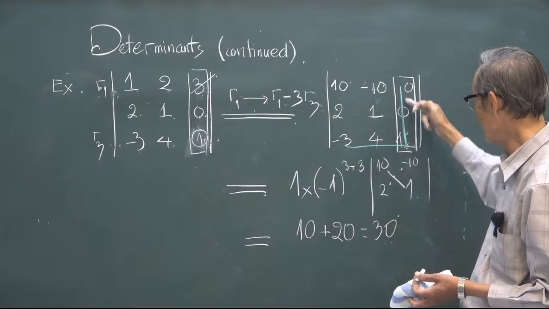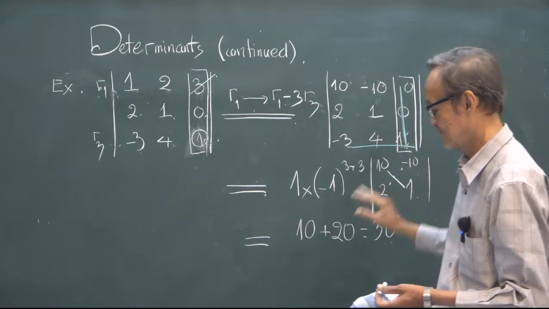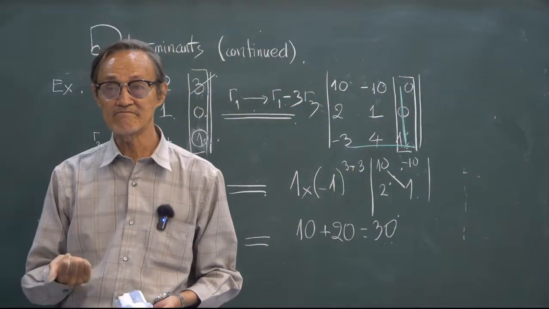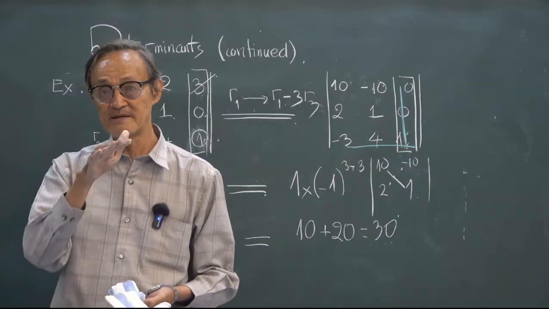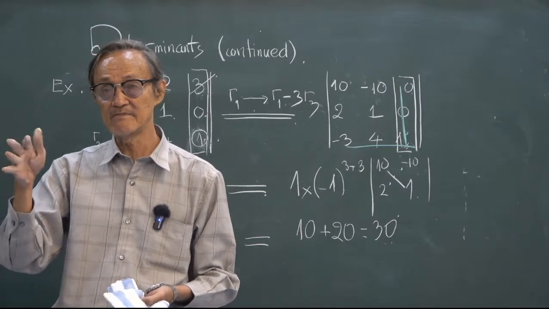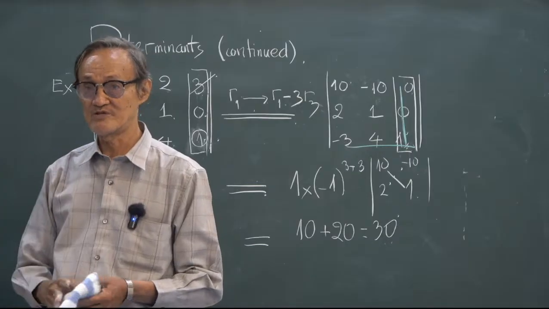Delete row 3, column 3. We have. We can expand by rows or by columns. Expand by row, transform columns. Expand by column, transform rows.